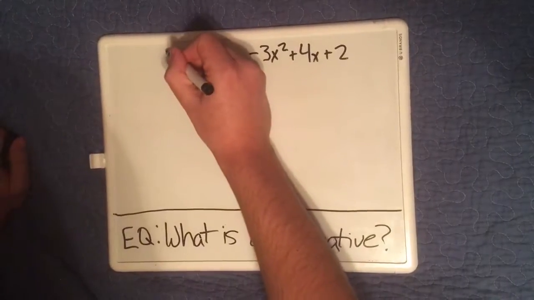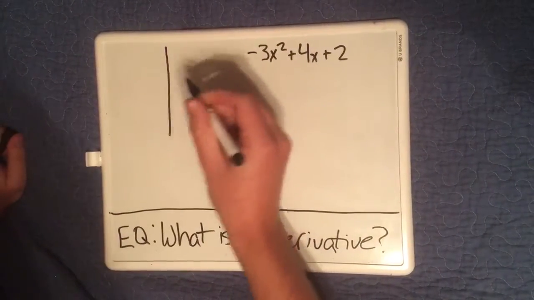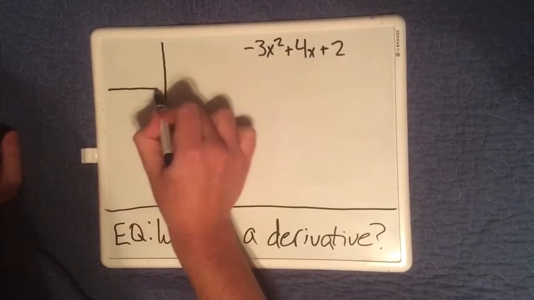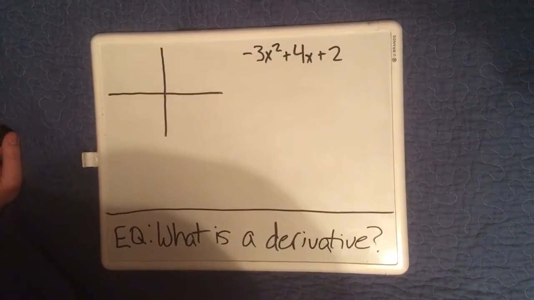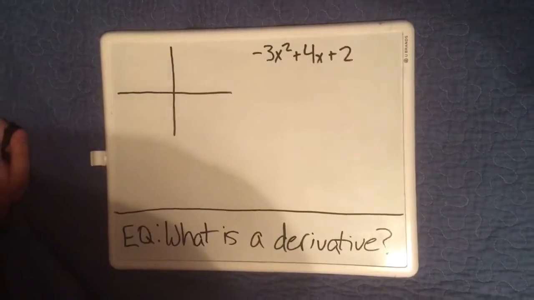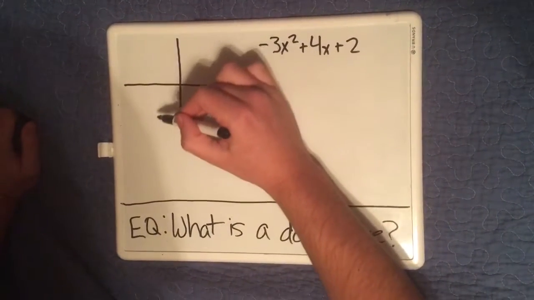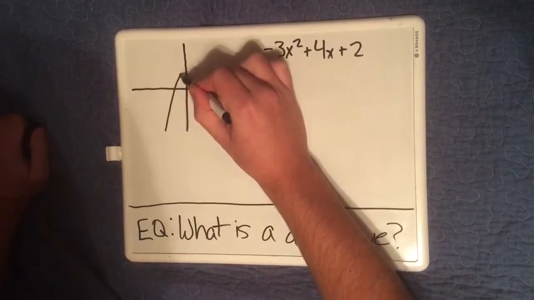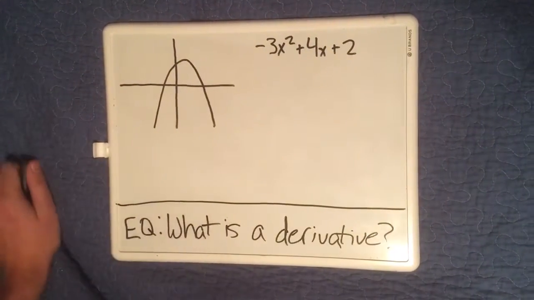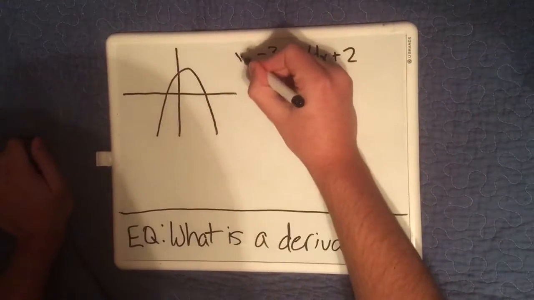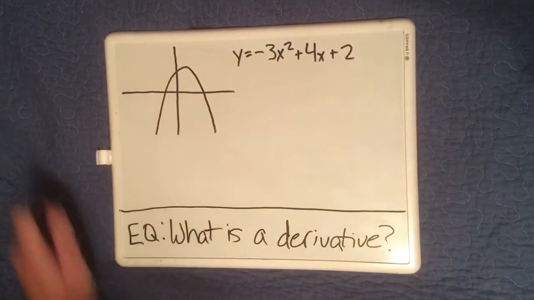And on the graph, which we're just going to sketch again, from negative 5 to 5 on both axes, the graph looks a little something like this.